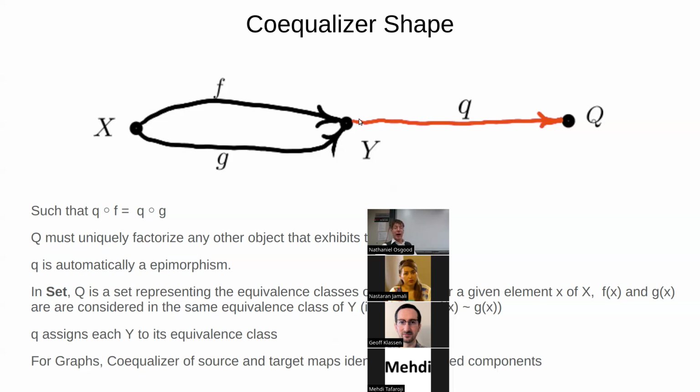That's right. Now, it's important to note that if we take the coequalizer, like in CATLAB, in general, if we ask, what's the coequalizer of X and Y being graphs, we have to specify F and G, right?